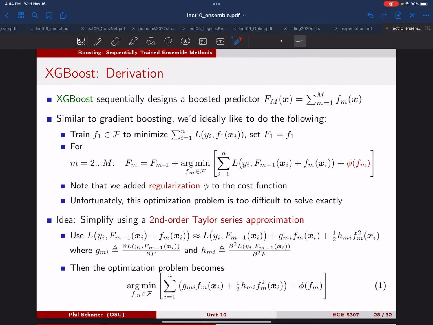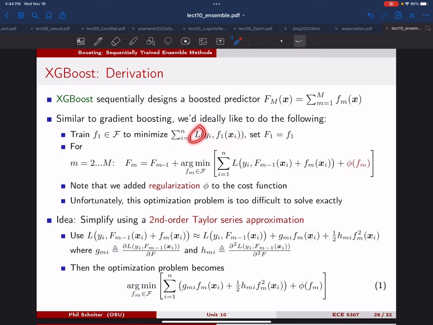Okay, so this is the derivation. Similar to what we saw with gradient boosting, we're designing our boosted predictor like this. This is actually simpler in the sense that we have no alpha m's, no scaling terms. We just have a sum. The boosted predictor is just a sum of base predictors. What we would ideally like to do, like with gradient boosting, is first design our first base predictor to minimize the loss summed across the training samples.